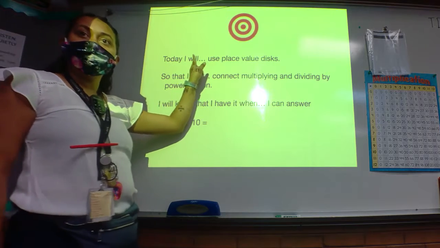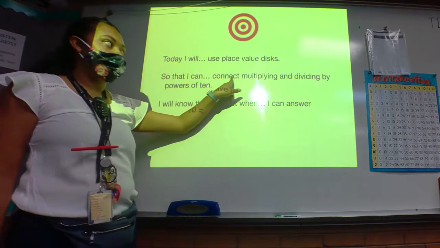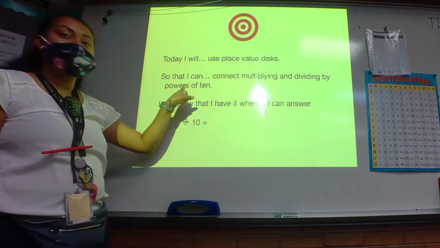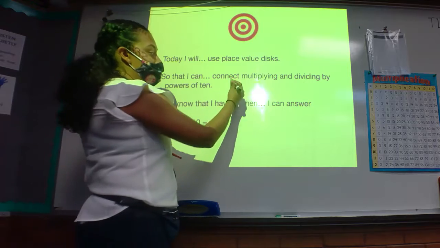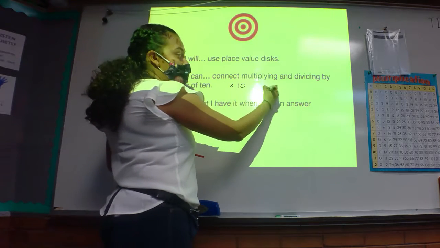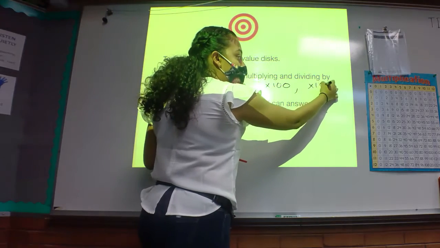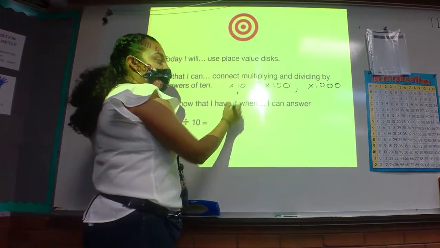Today I will use place value discs so that I can connect multiplying and dividing by powers of 10. So remember, powers of 10 are when we had like a times 10, or a times 100, or a times 1,000. So this would have 1 power of 10.